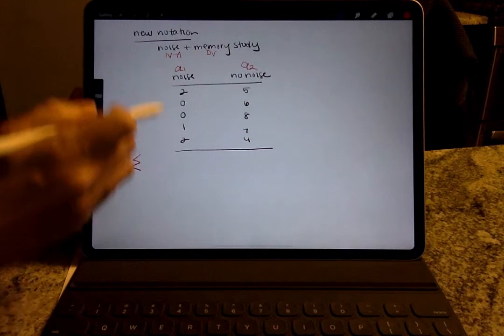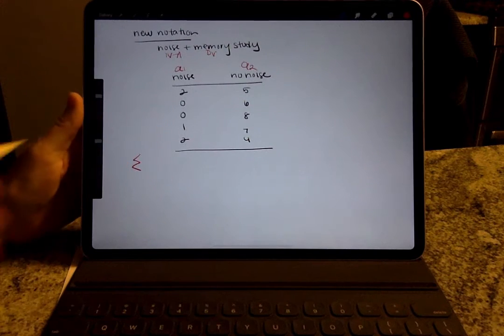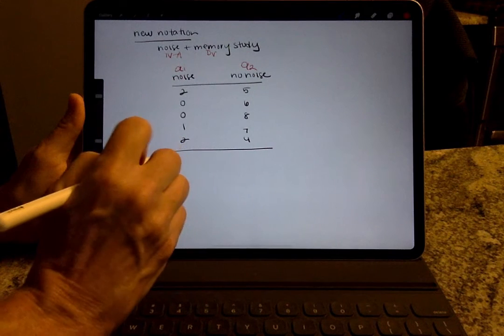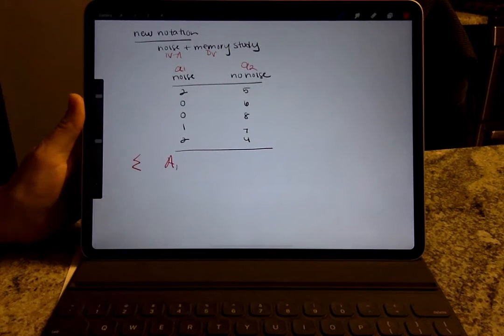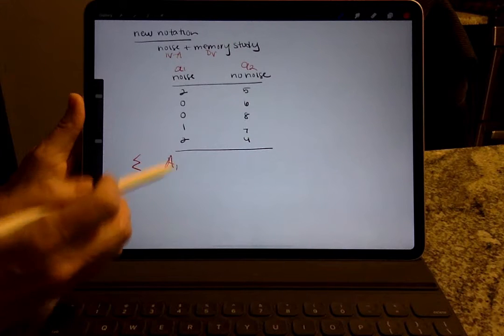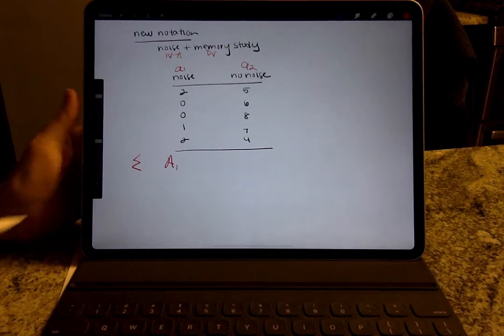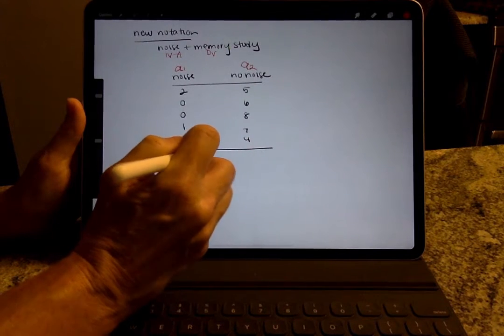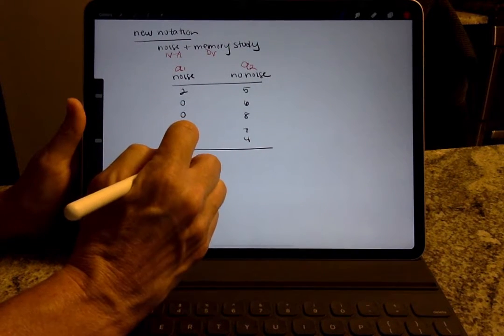So the sum of this column, the sum of the noise column, we're going to refer to as capital A1. Okay, so capital means it's a sum, and 1 means we're referring to this first group. All right, so the sum of this group is 5.